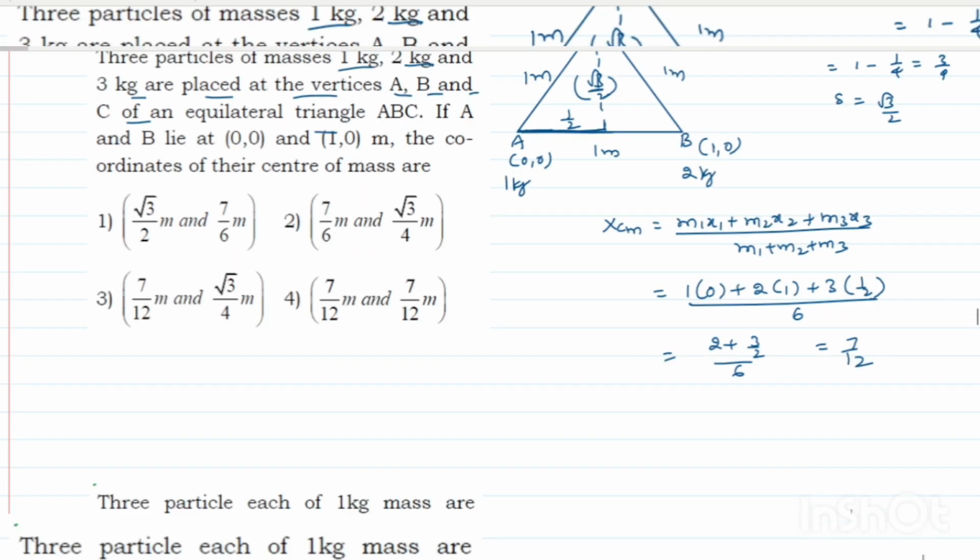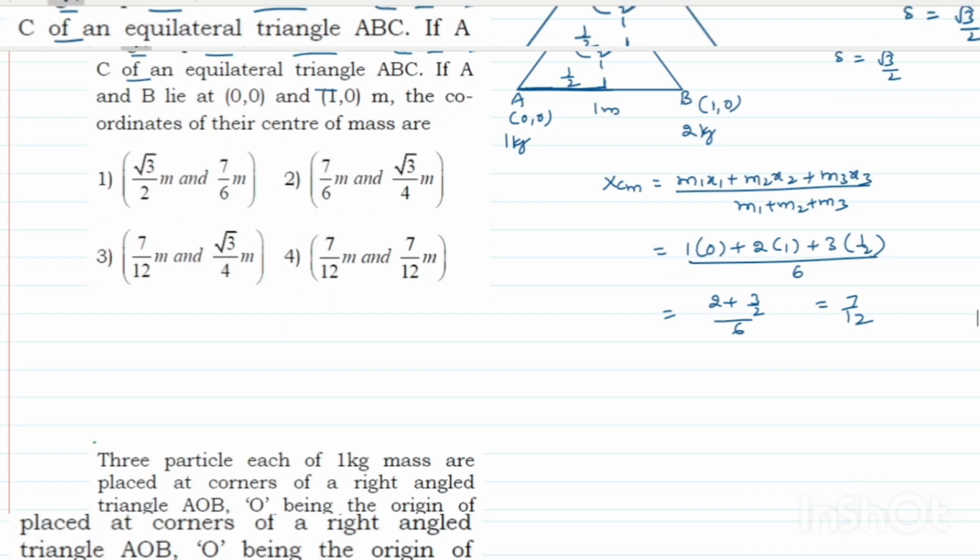In the same way, calculate YCM also. YCM equals m1 y1 plus m2 y2 plus m3 y3 by m1 plus m2 plus m3.